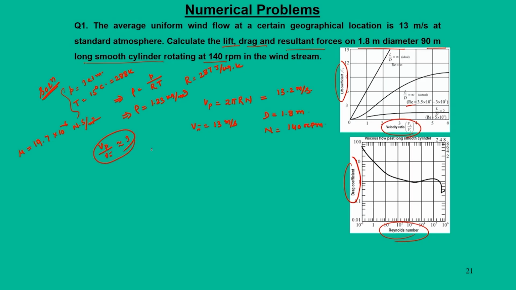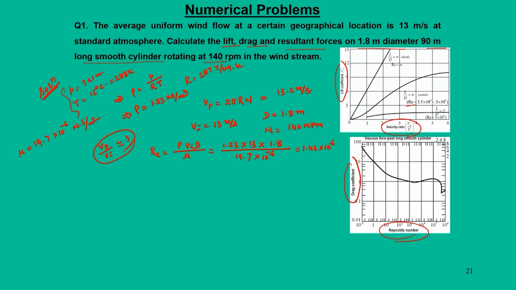Now, for this case, what is the Reynolds number? Rho Vi d by mu. So, density is known 1.23, Vi is 13, diameter is 1.8, mu as 19.67 into 10 to the power minus 6. So, this is 1.46 into 10 to the power 6.